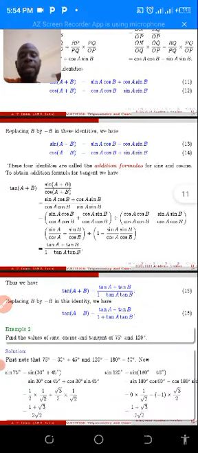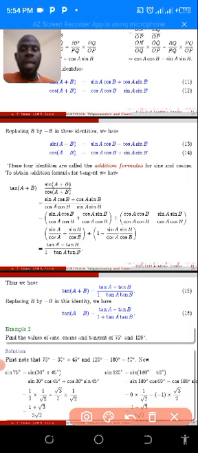You can still replace B by minus B. If we replace the angle B by minus B, the minus cannot be preserved by the cos function, because the cos function is an even function. So therefore, it does not preserve the negative. It swallows the negative sign.